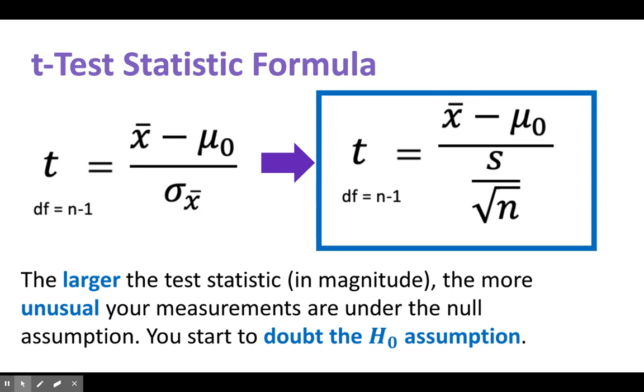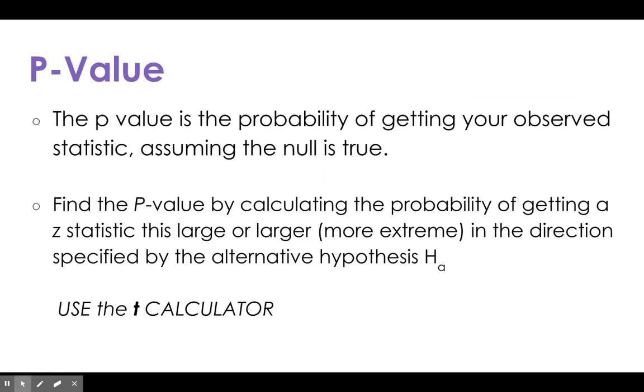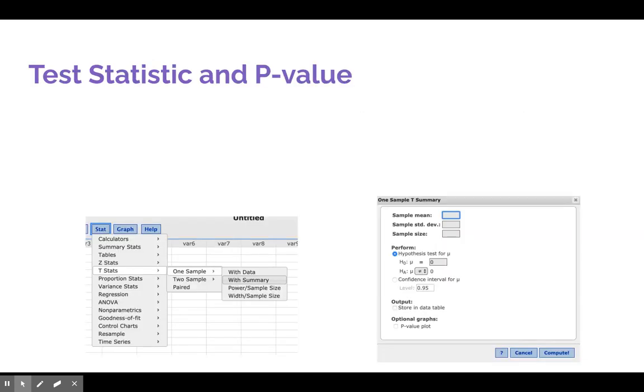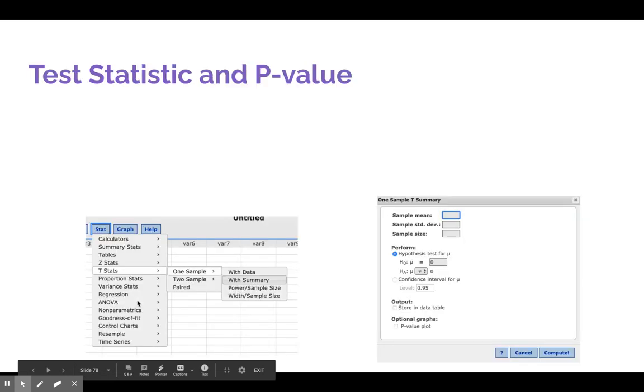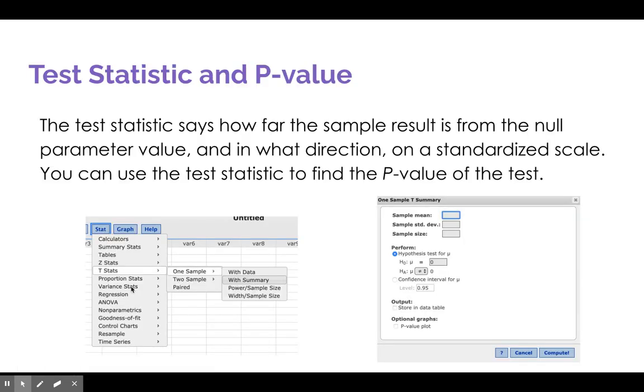But same as before, the larger the test statistic, the more unusual the measurements are under the null hypothesis. So again, the same basic ideas are going to apply. It's just going to be slightly different calculations. So the p-value is still the probability of getting the observed statistic, assuming that the null is true, but we're going to use the t calculator. So as far as the steps go, instead of going to proportion stats, if it's a problem dealing with means, you'll go to t-stats. But other than that, the steps are the exact same.